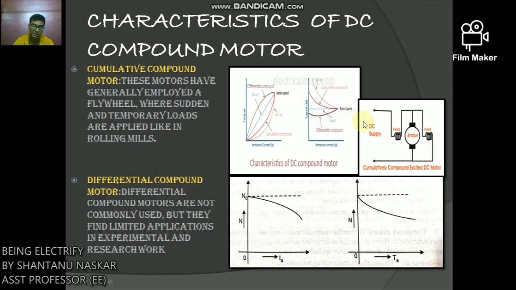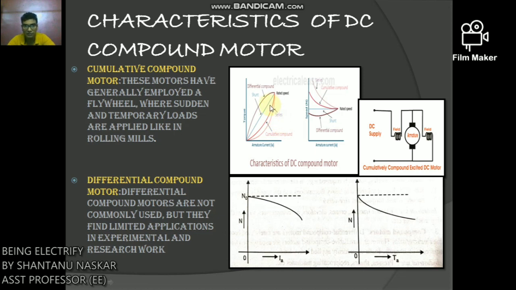Consequently, total flux is increased and hence the armature torque, which is proportional to phi into Ia. It may be noted that the torque of a cumulative compound motor is greater than that of a shunt motor for a given armature current due to the series field.